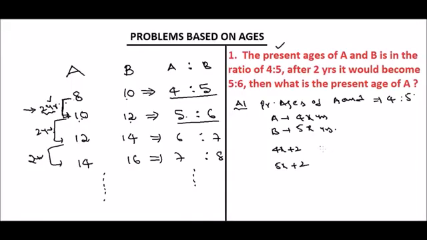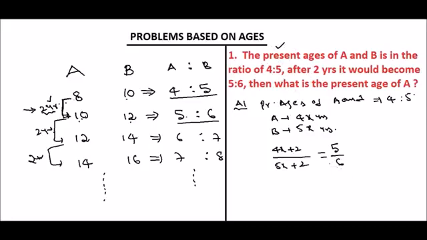After 2 years, the ratio becomes 5:6. Ratio is nothing but division. So (4x + 2)/(5x + 2) = 5/6.